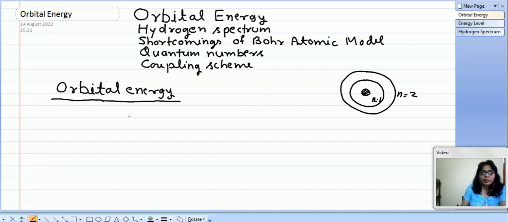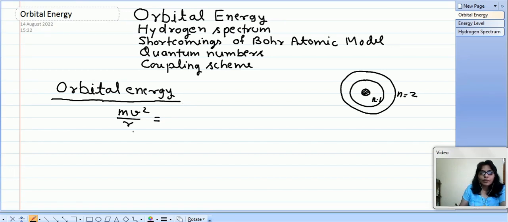So let us calculate. We have the first postulate of Bohr, in which the centripetal force mv square by r required for the revolution of the electron around the nucleus is provided by the Coulomb attraction between the electron and the nucleus.